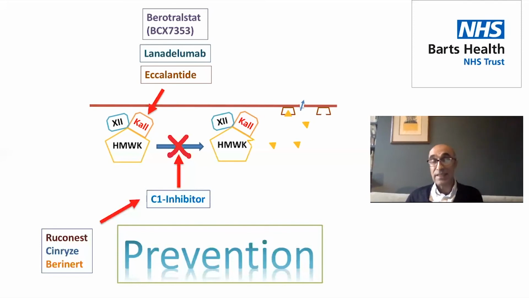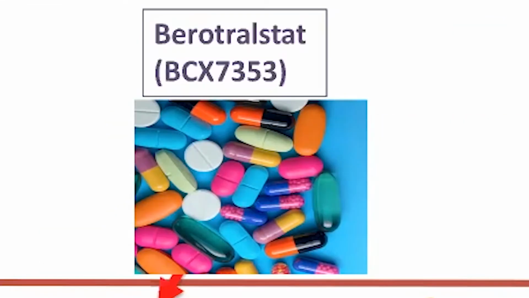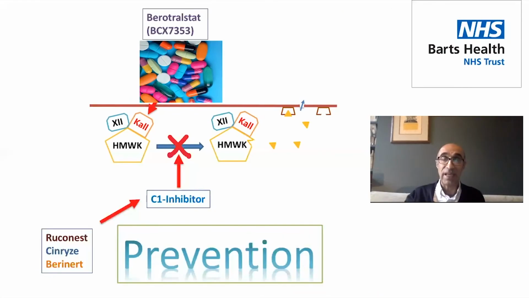The next thing is an oral drug, which is called Trialstat, a small molecule which binds to the same groove and is meant to be taken daily. It's not available yet. We are in the process of getting early access to it through NICE, and hopefully we should have it by the end of this year in the UK.